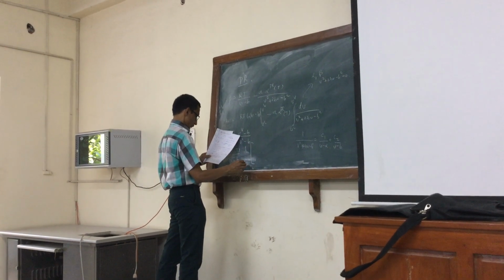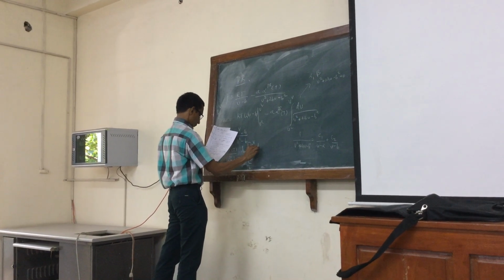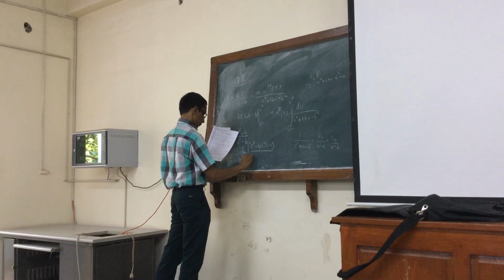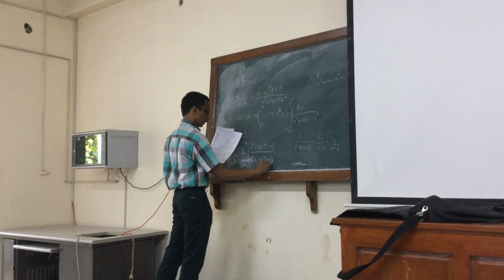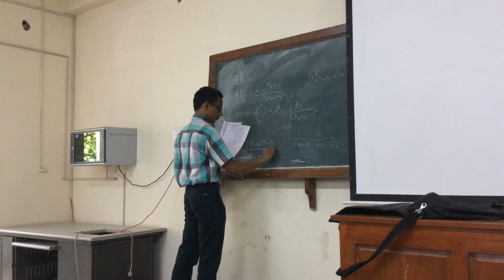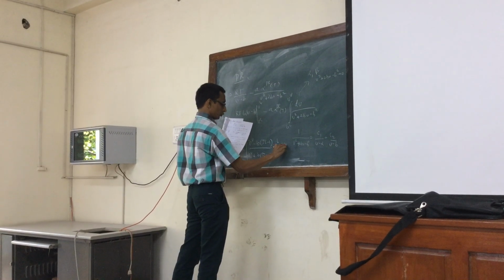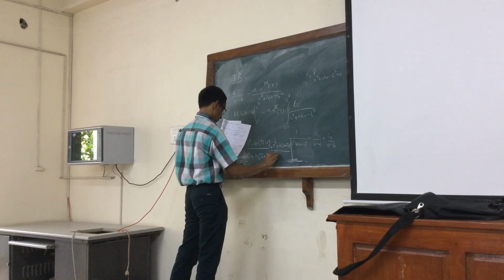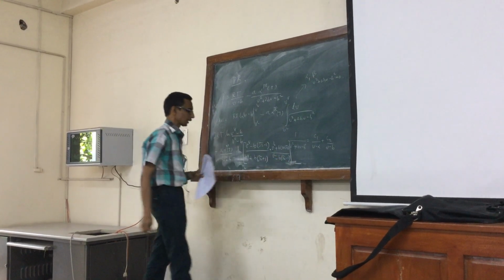One would be VV plus B times root 2 minus 1 divided by VV plus B times root 2 plus 1, and this would be multiplied by the corresponding factor for VL, which would be VL plus B times 1 plus root 2 by VL minus B into root 2 minus 1, something like that.